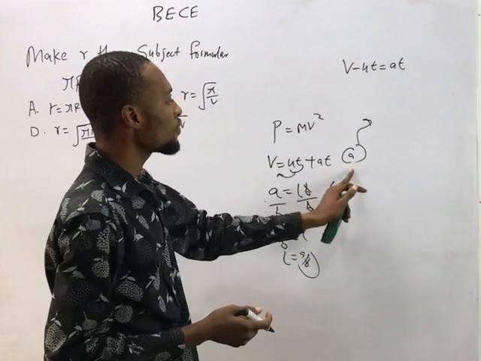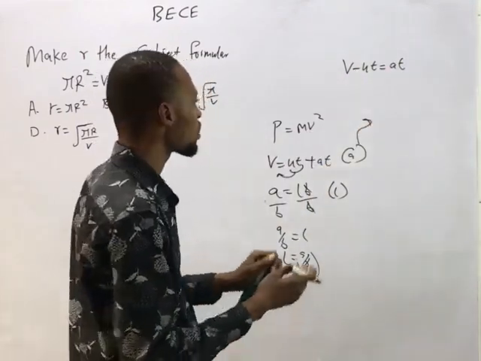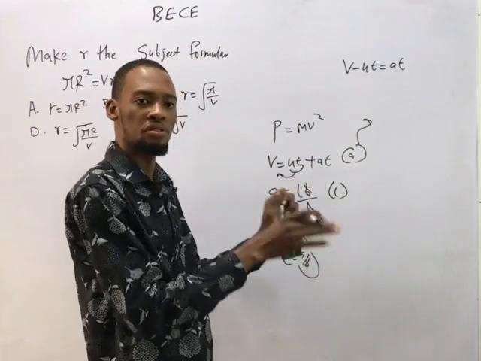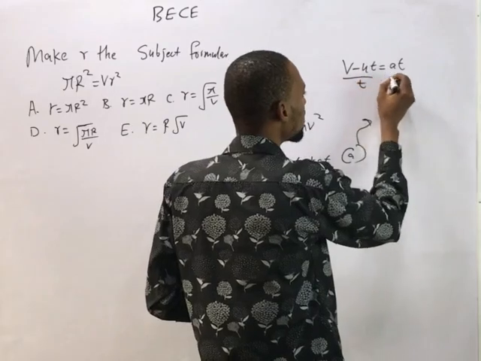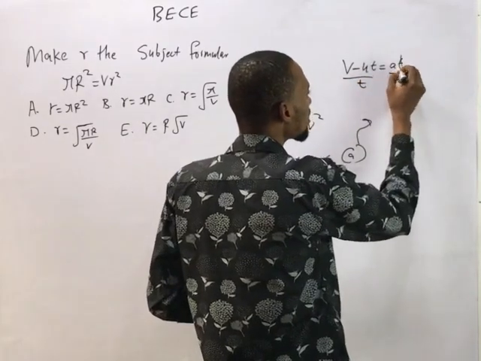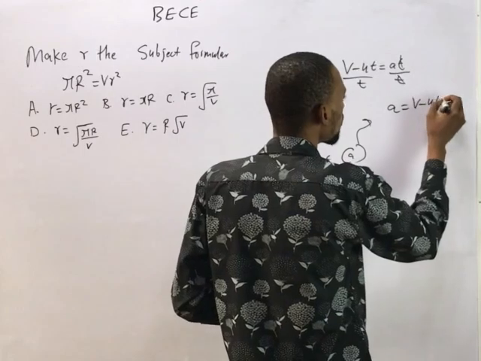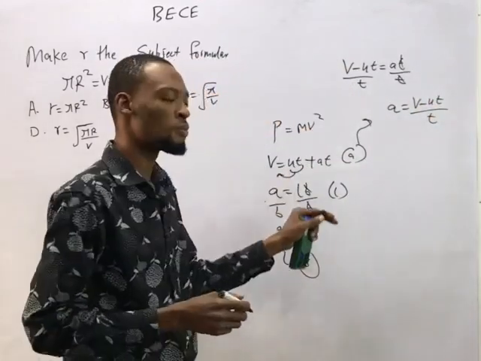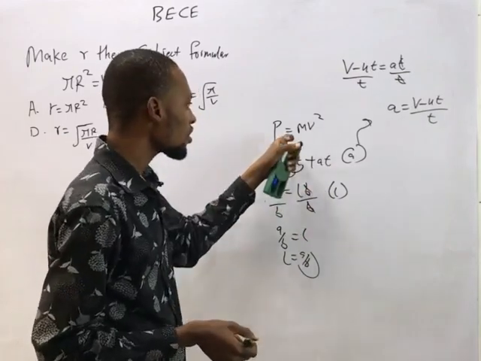Since I'm looking for a, let me divide both sides of the equation by t, because what happens to one side should happen to the other side to make sure that the equation remains balanced. Here t cancels t. I'll be left with a is equals v minus ut over t. So with that, I've made a the subject of the formula. I've changed the subject from v to a.